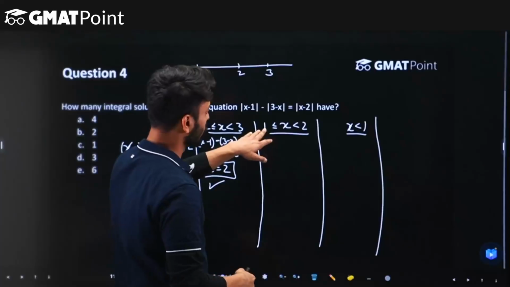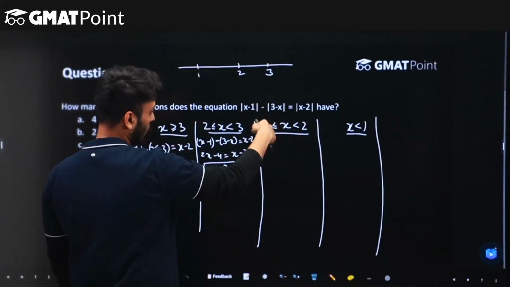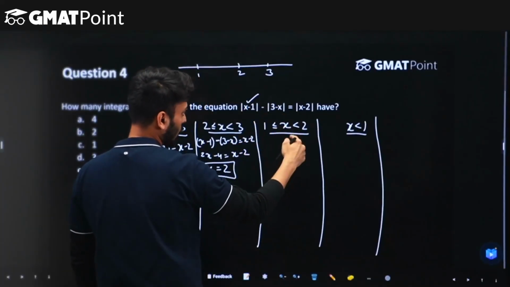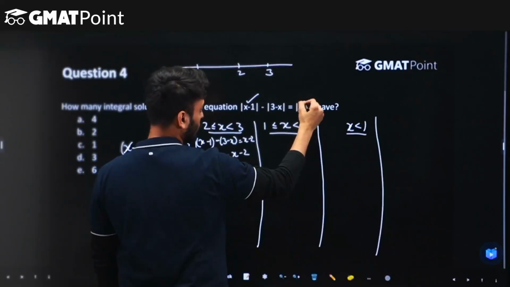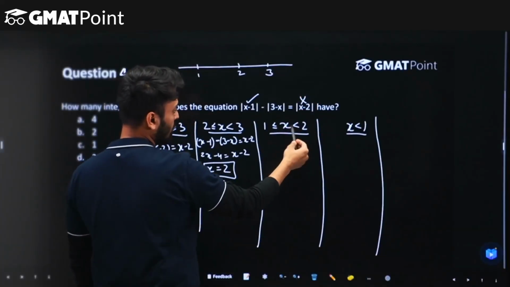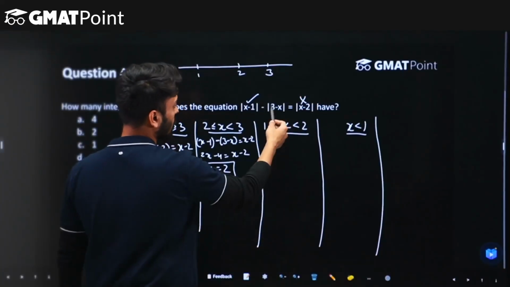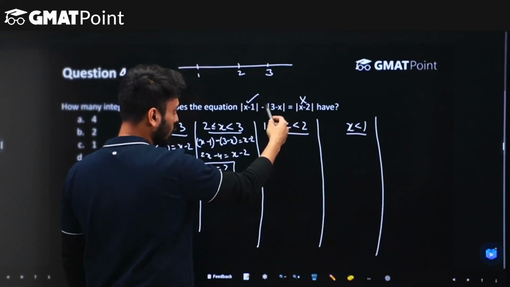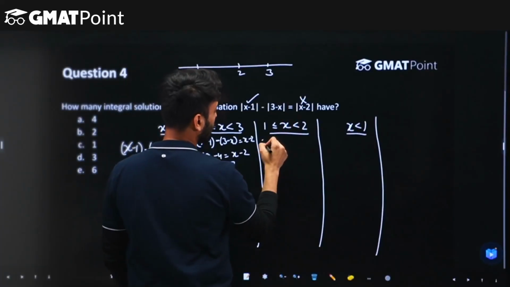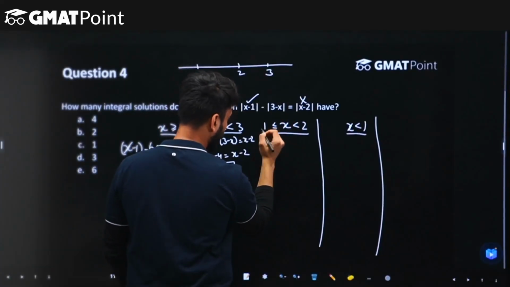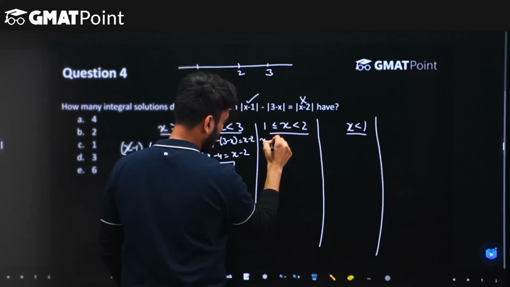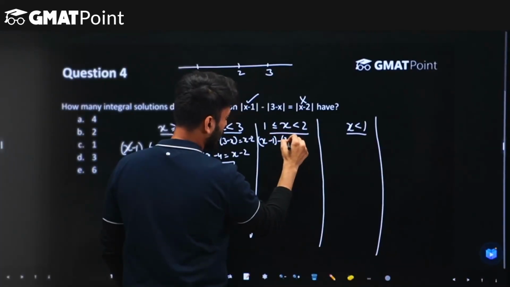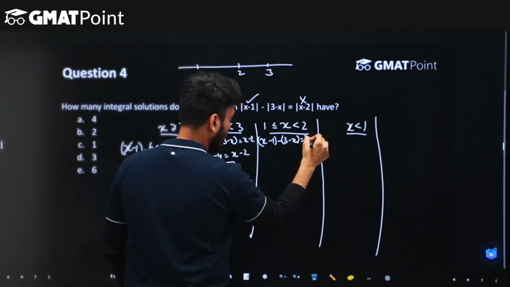Let's look at the region from 1 to 2. Now, right of 1, so this is going to be positive. Left of 2, so this is going to be negative. And again, between these two, let's say 1.5, 3 minus 1.5 is positive. So this is also going to be positive. So we have x minus 1 minus 3 minus x is equal to 2 minus x.